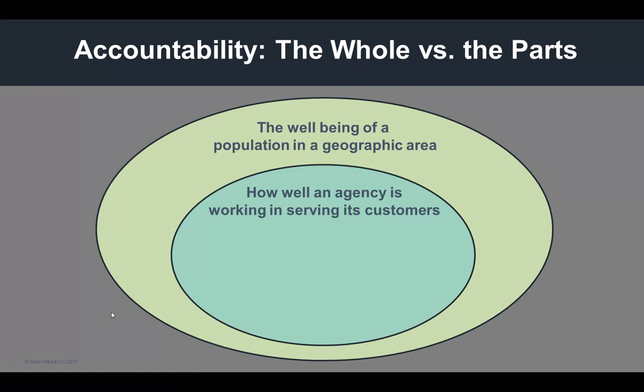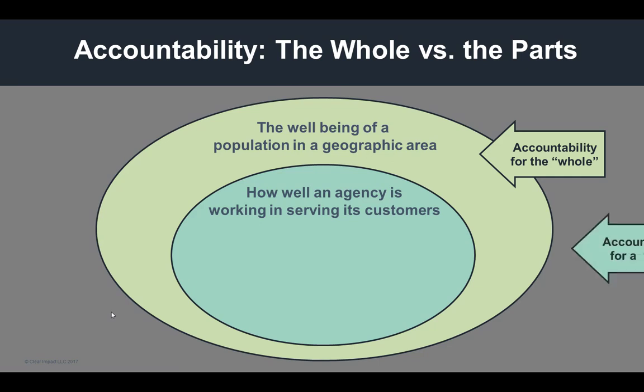That's different from the accountability of an individual agency or program, or even service. So accountability for the whole, or accountability for the part, is how we make this distinction between population accountability and performance accountability. The latter applies to the agency, program, or service.